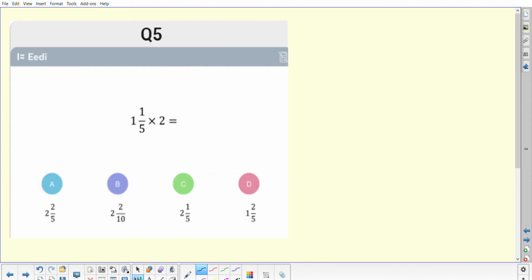Question 5. Now we're into looking at mixed numbers with a fraction going on here. So in order to do 1 1/5 times 2, we need to change the mixed number into a top-heavy fraction. To do that, we do 1 times 5, whole number times the bottom number. 1 times 5 gives us 5, add on the top number gives us 6.